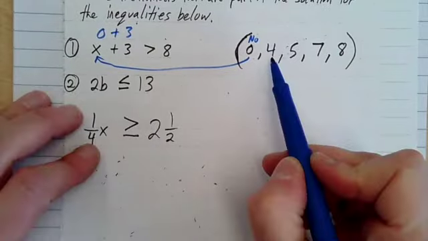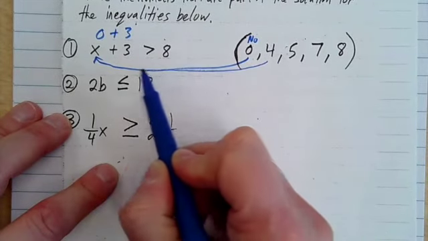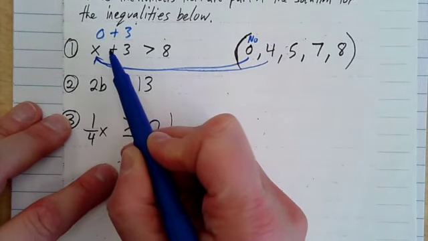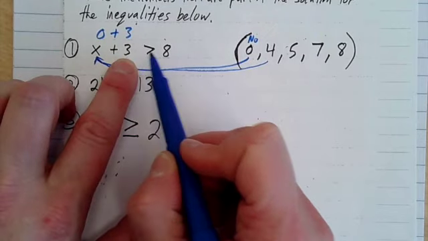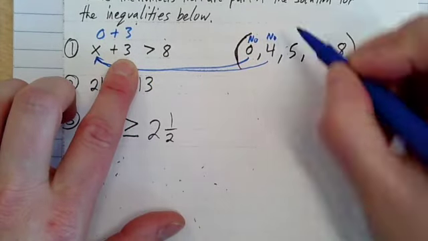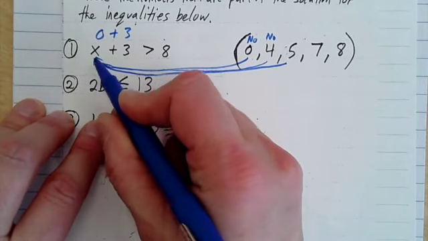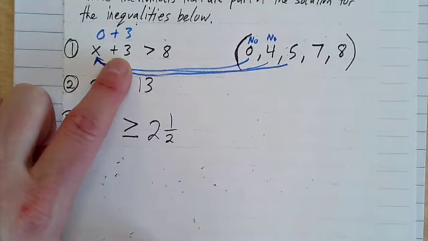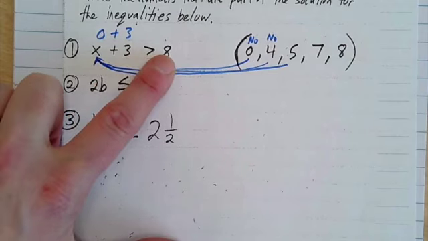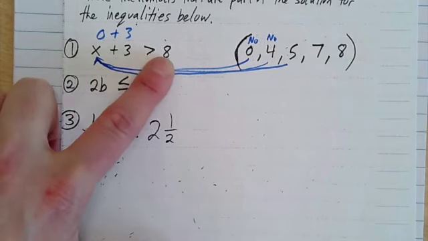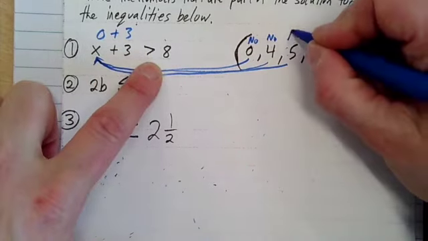If I put 4 in here for x, 4 plus 3 is 7. Is that greater than 8? No, so you don't circle it. If I try 5 in for x, 5 plus 3 is exactly equal to 8. So you can't say 8 is greater than 8 when they're equal to each other. So no, they're exactly equal.